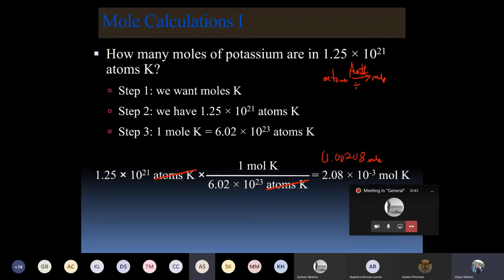Perfect. I have a question. Okay, go ahead. For the mole of the potassium, it gave you 1.25 times the 10 to the 21st power. What did you do with the 10 to the 21st power? So in your calculator, you'll type in 1.25 e to the 21st divided by 6.02 e to the 23.